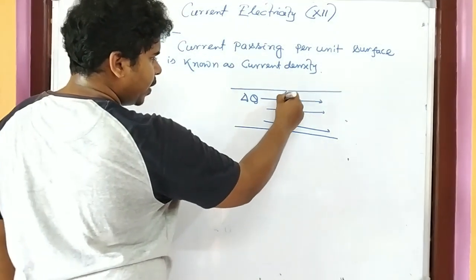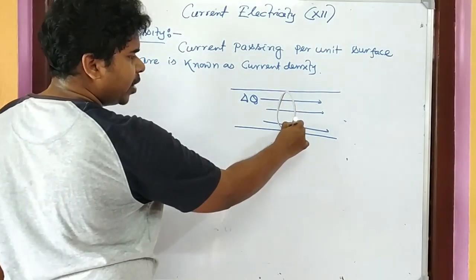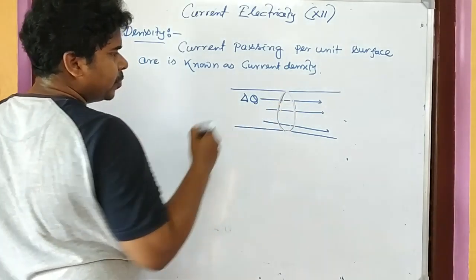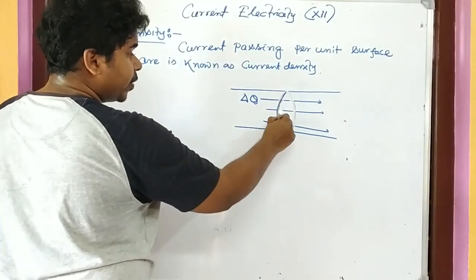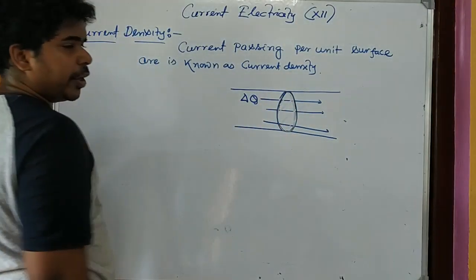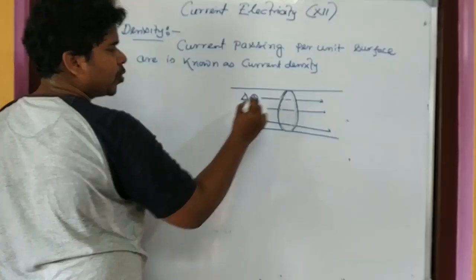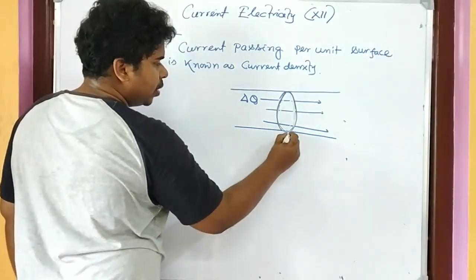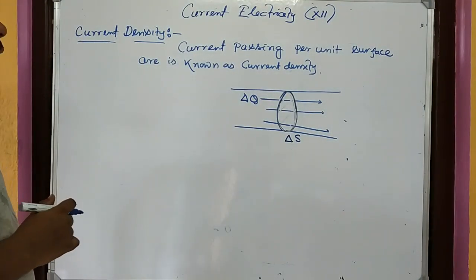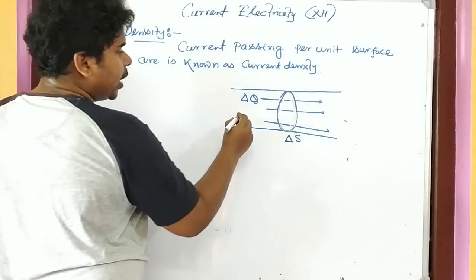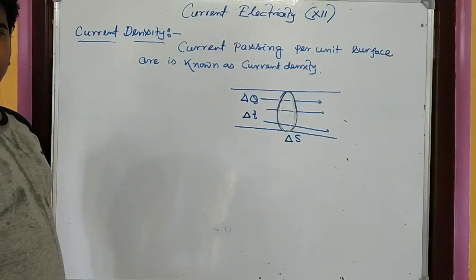So assume this is the area of cross section of the conductor, and the current is passing through this area of cross section. I am assuming for the small charge del Q, the area of cross section is del S, and it will take a time del T to pass through the surface.